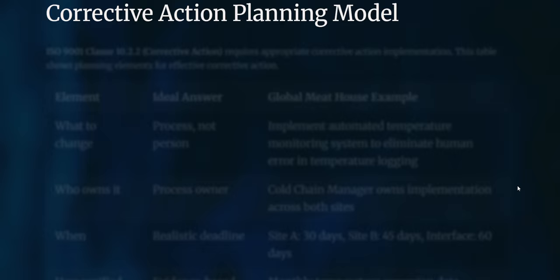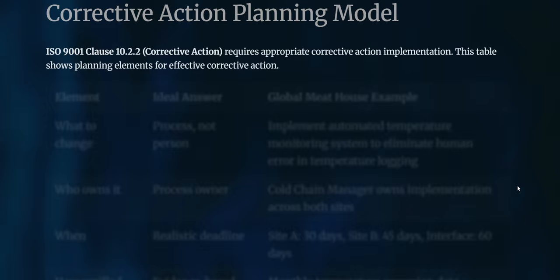Corrective actions planning model. We will demonstrate and you can replicate it in your own organization. ISO 9001 Clause 10.2.2 corrective actions requires appropriate corrective actions implementation. This table shows planning elements for effective corrective actions.